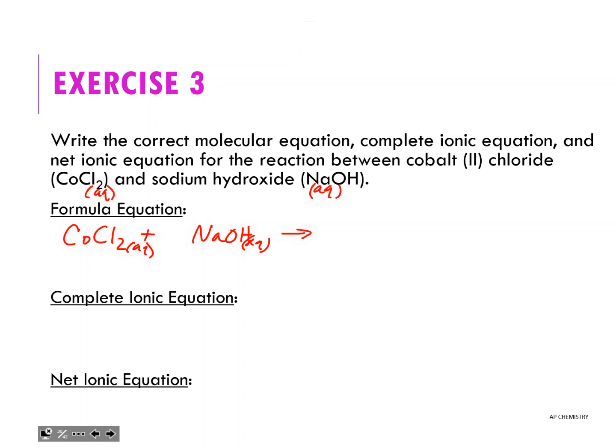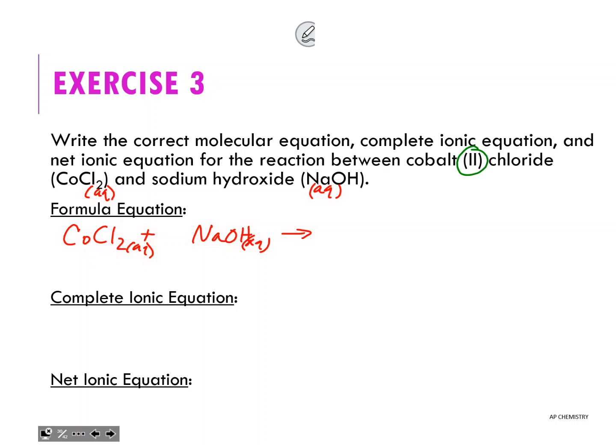So here, the cobalt cation is going to combine with what? OH, good. And what is the charge on our cobalt ion? It's +2, like I said, context clue here, Roman numeral 2. But you could also look at chloride. Chloride's a halogen.